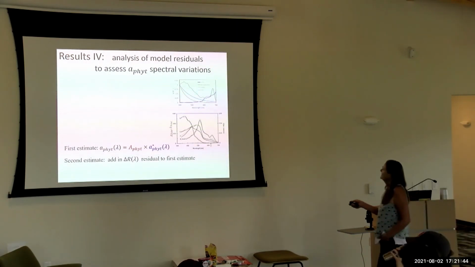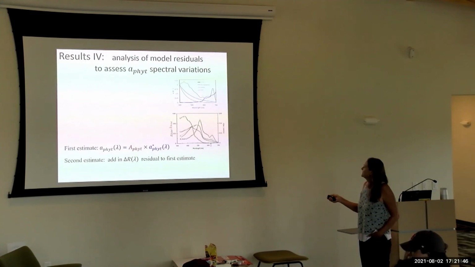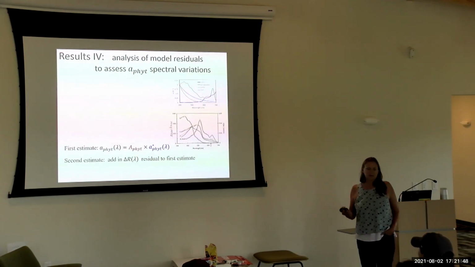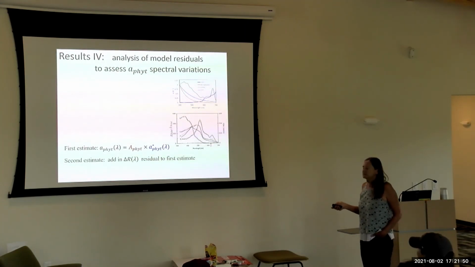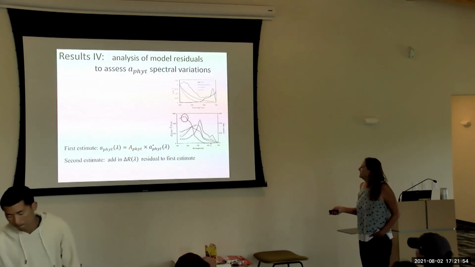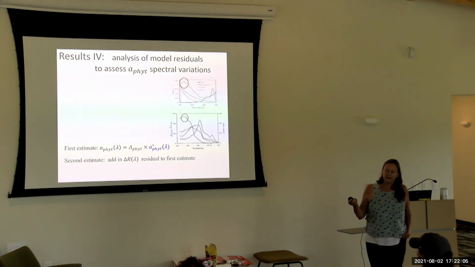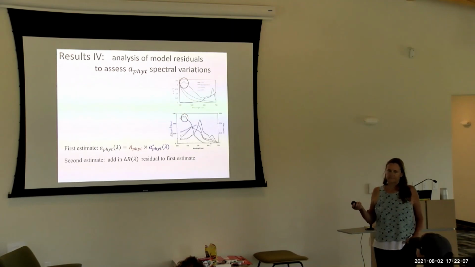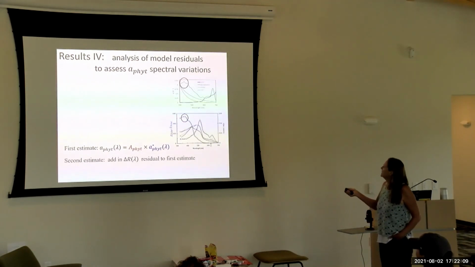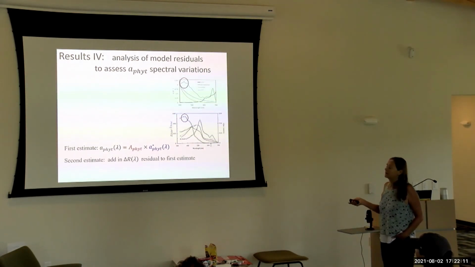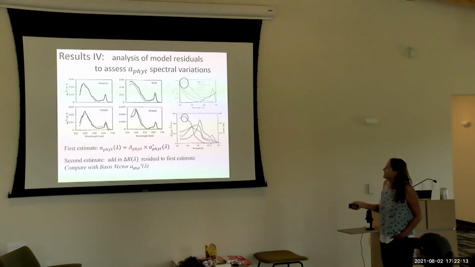If you just take the difference between modeled and measured and convert it back to absorption and add it to this model first guess, then, for this example, let's say the model is lower than the measured. That says that the model has too much absorption in it, too much blue absorption compared to what's in the water. And so you just add it back in.